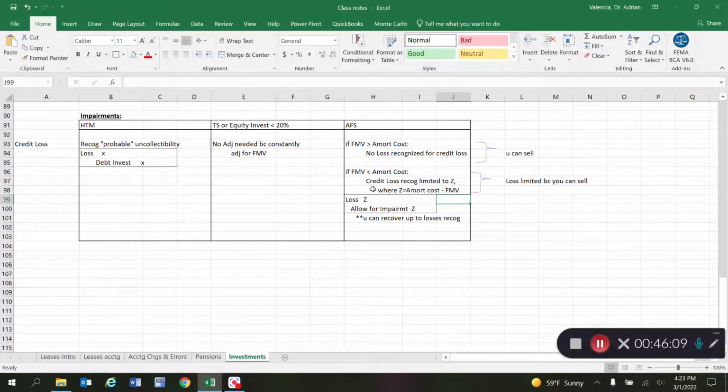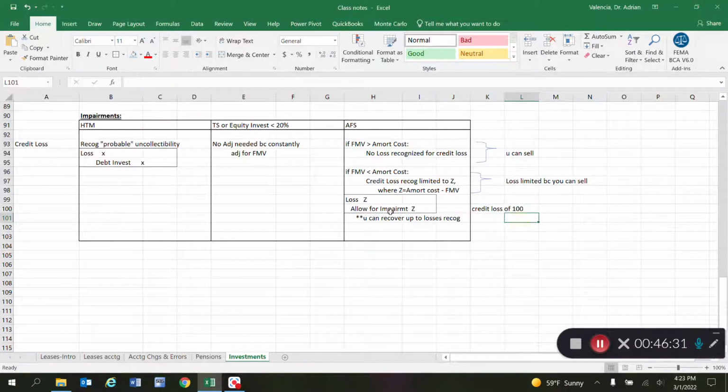So what I'm trying to say here, and I know this may not be too clear, let's say that I have a potential credit loss of $100. I would normally recognize a loss for 100 because I don't expect to collect $100 of that debt investment.